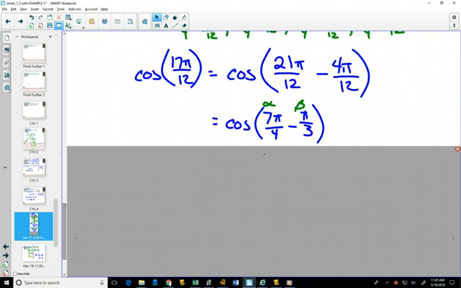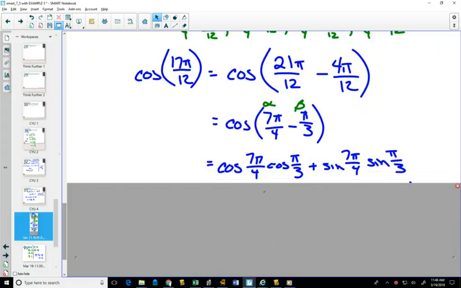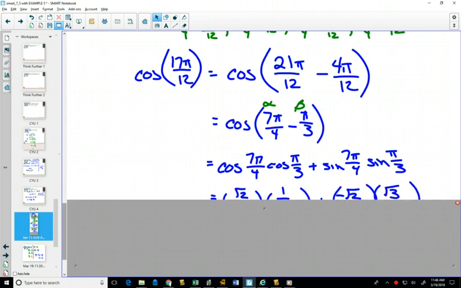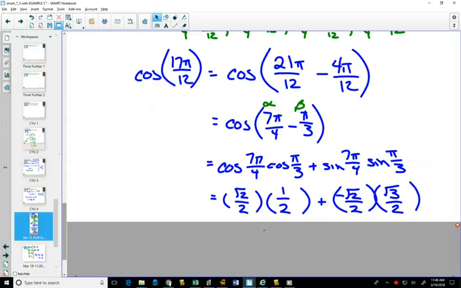And then once we have our values, our first values are alpha, our second values are beta. We can write out the formula, cos alpha cos beta plus sine alpha sine beta. Think about your quadrants and figure them out.